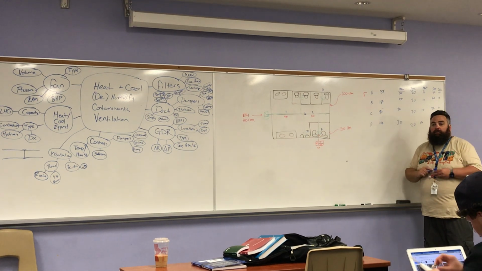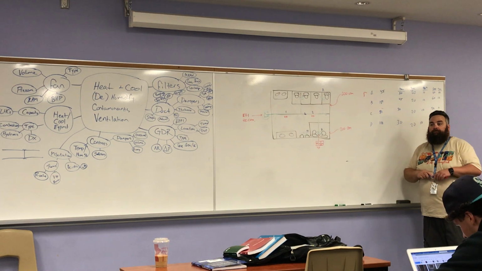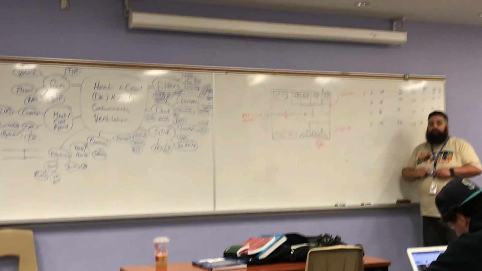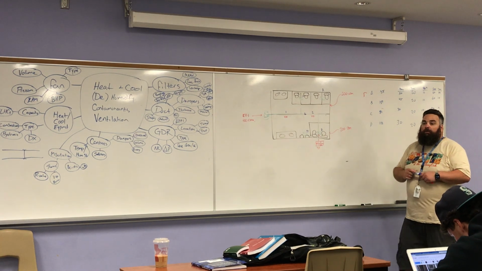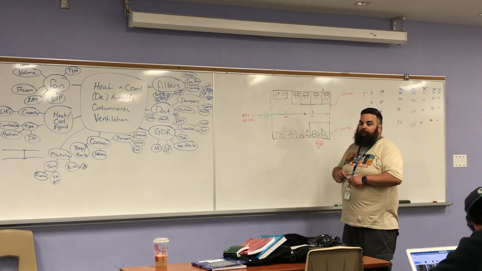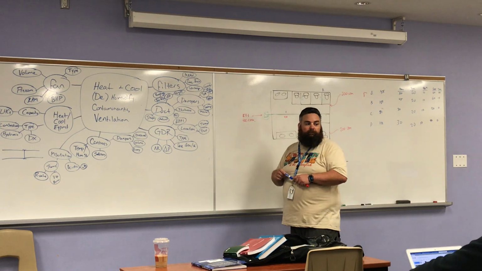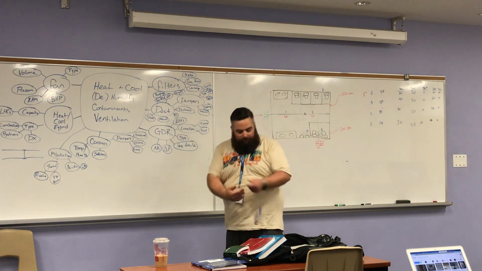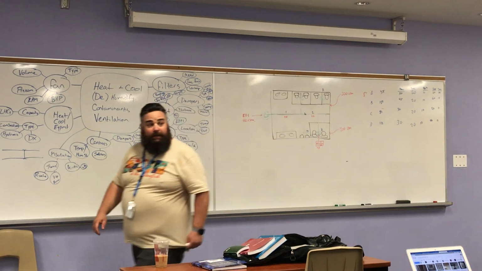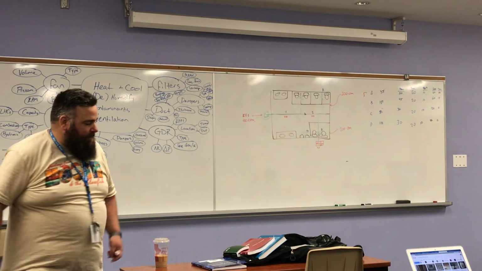Why might that be? What happens for the same amount of air if my duct is smaller? The velocity goes up, the speed of the air will increase. Exactly. The velocity goes up. It has to go faster, right?